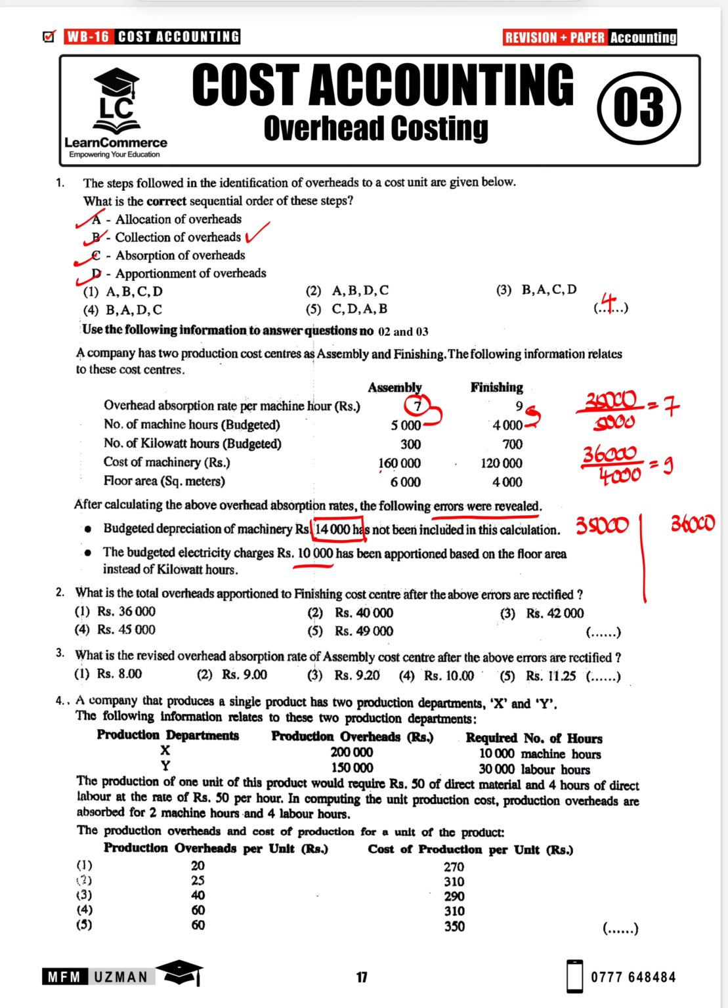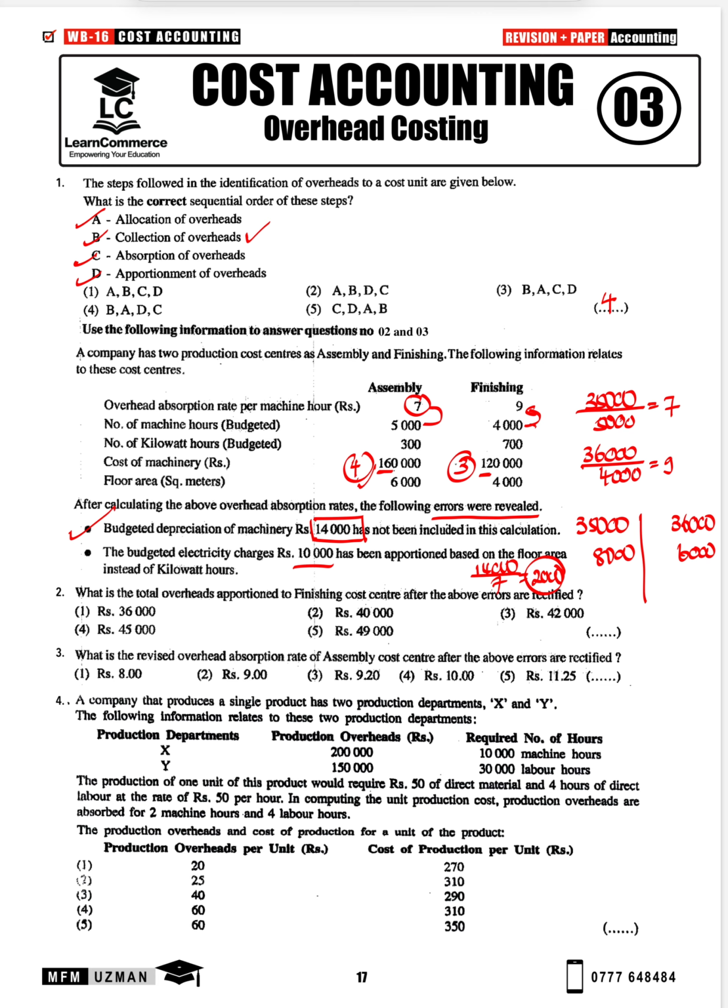Based on the cost of machinery, 16 and 12 gives 4:3, which is 7. 14,000 divided by 7 is 2,000. So 2,000 multiplied by 4 is 8,000, and 2,000 multiplied by 3 is 6,000.